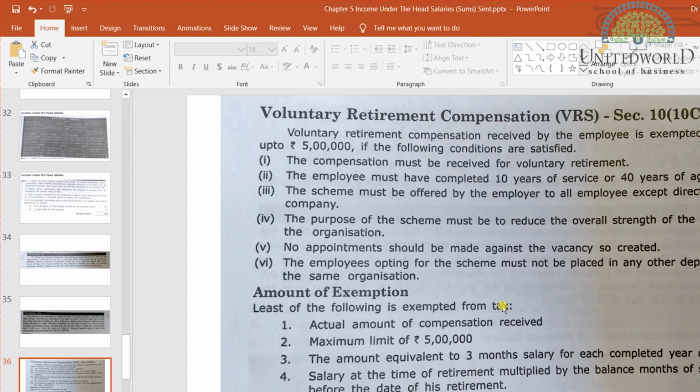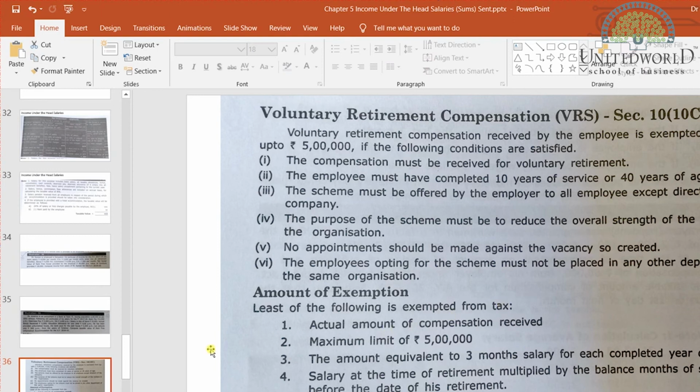Suppose in my example the balance months of service left is 24 months, or maybe let's say 12 months. Then 10,000 rupees salary at the time of retirement, 10,000 into 12 months, means 1,20,000 rupees.